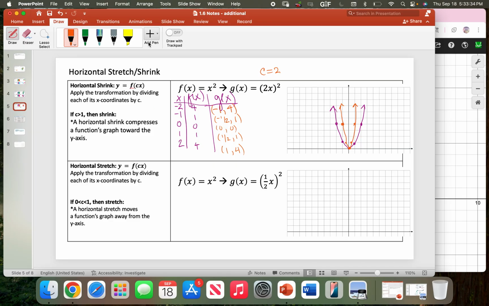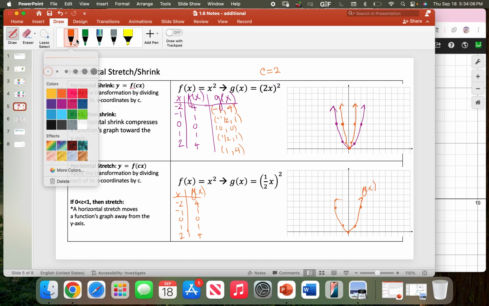For the horizontal stretch, here we have a c value that's fractional between 0 and 1. Okay, so it's the same process.